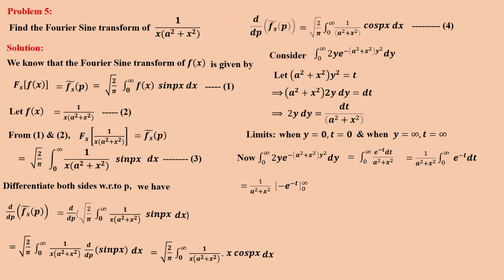The integration of e power minus t is minus e power minus t, lower limit 0, upper limit infinity, which is minus 1 by (a² + x²). Applying the limits, e power minus infinity is 0 and e power minus 0 is 1, so we get minus 1 by (a² + x²) times (0 minus 1). Minus into minus is plus, so you will get 1 by (a² + x²). This is what the integral 0 to infinity 2y e power minus (a² + x²)y² dy equals.